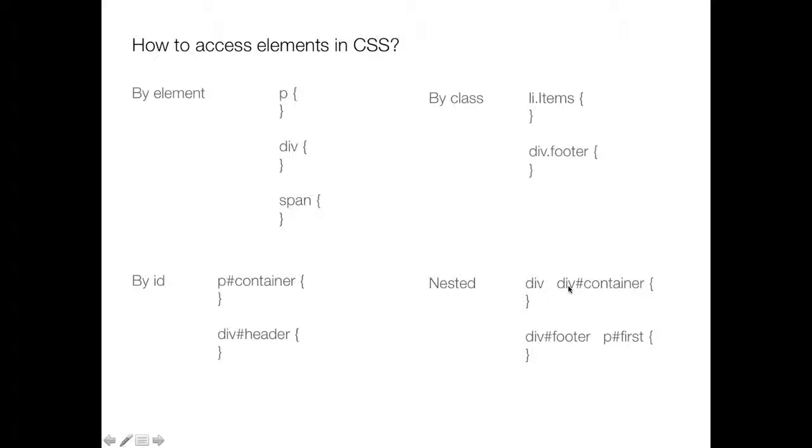So in this case, the div whose ID is container is the child of div. In this example, the P whose ID is first is the child of a div whose ID is footer. So this space means that the element that's coming next is the child of the element that's before it.